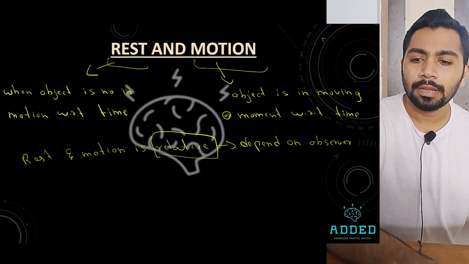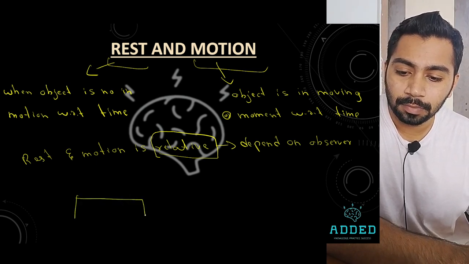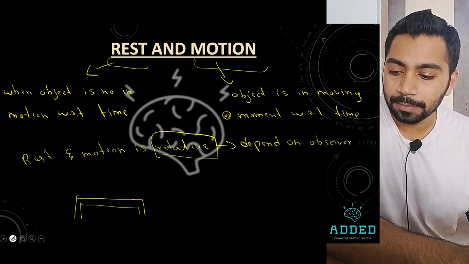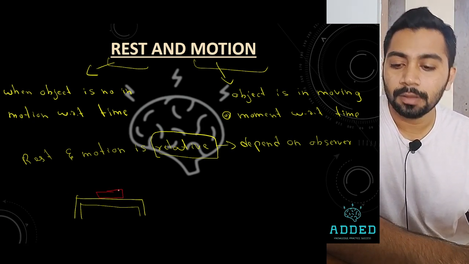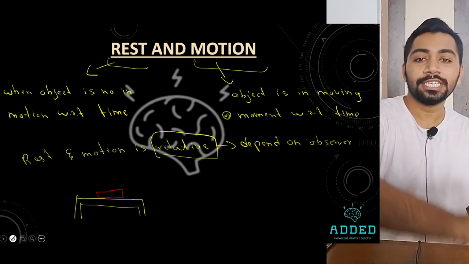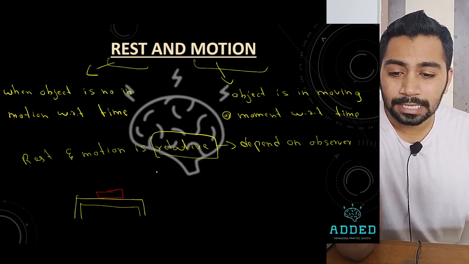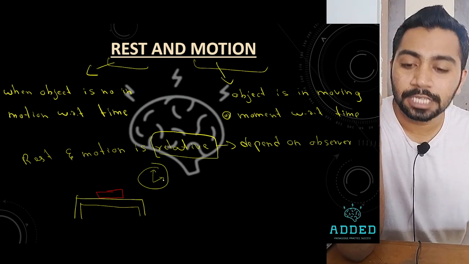Okay, now let us see. Imagine this is your room, with a table. On this table you keep your book. Is that book changing its position? No. As time passes, the book is not changing its position.